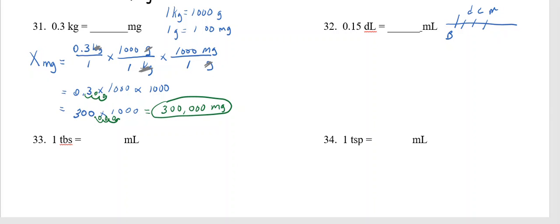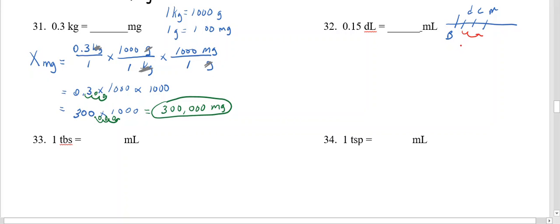So if I'm going from a deciliter to a milliliter, I'm going to move 2 places. So I'm going to have a 1 with 2 zeros. So my conversion would be 1 deciliter equals 100 milliliters.